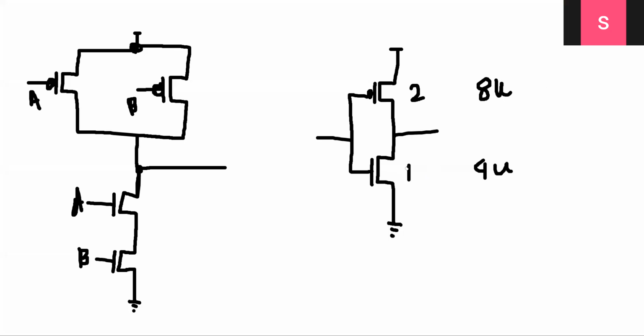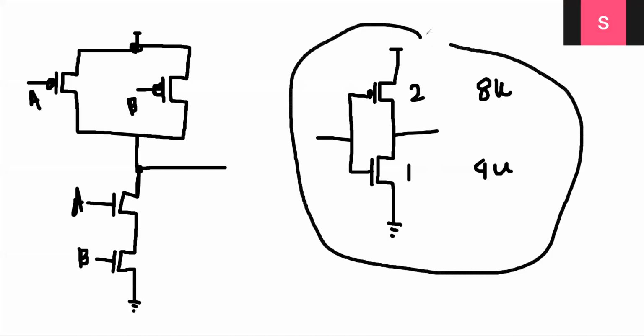Okay, let's consider 2:1. If we consider 2:1, this is the ideal sizing of our NOT gate. So we will take this as our reference. Got my point? We want every design to perform like this, because this is our reference circuit and its performance is very well tested.